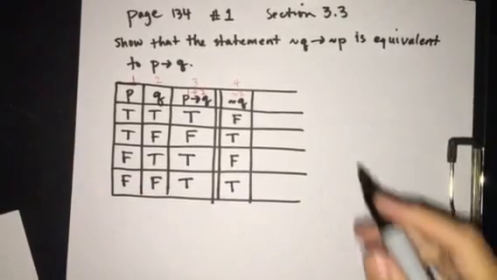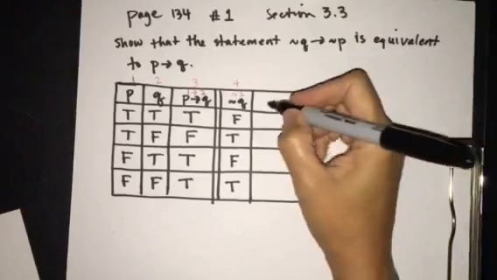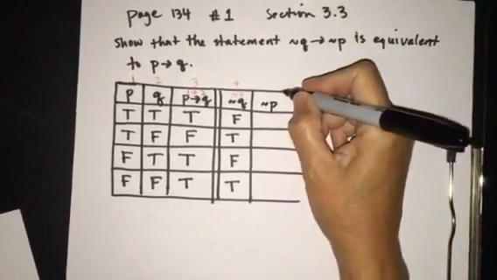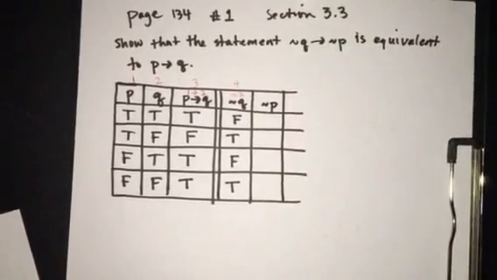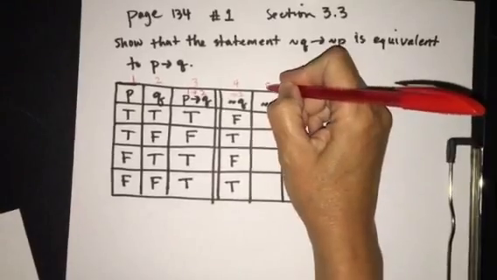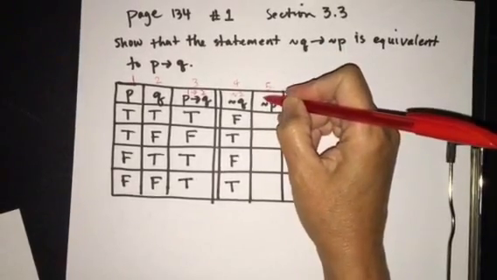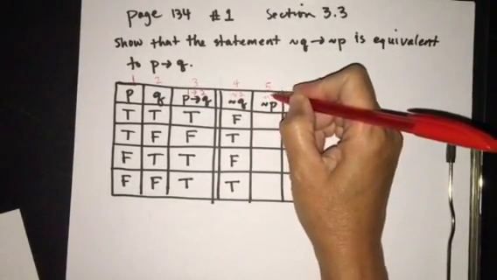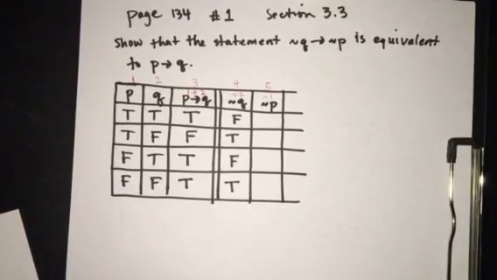For the fifth column, I need to do not P. So I'm going to write 5 at the top of there. And column 5 is going to be the not of column 1.